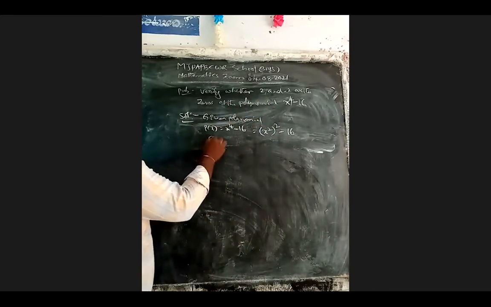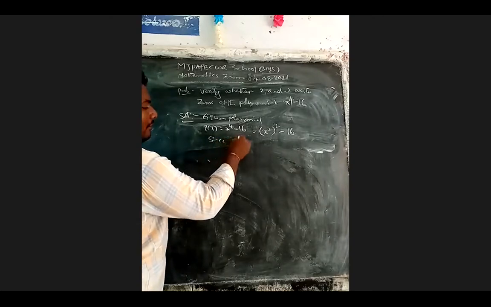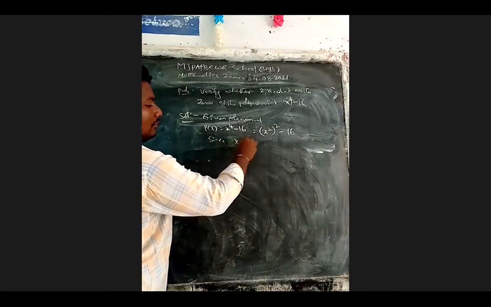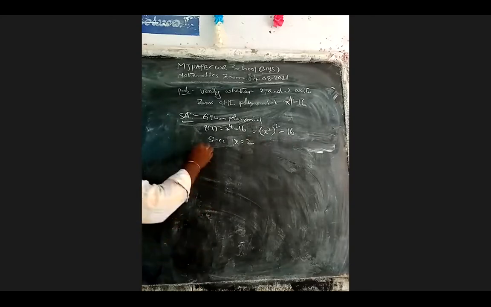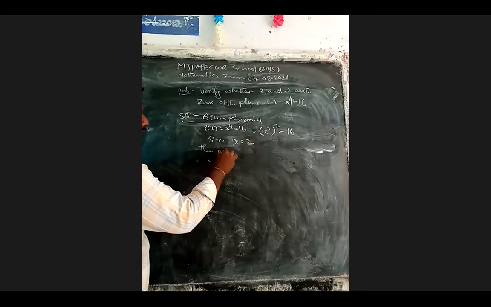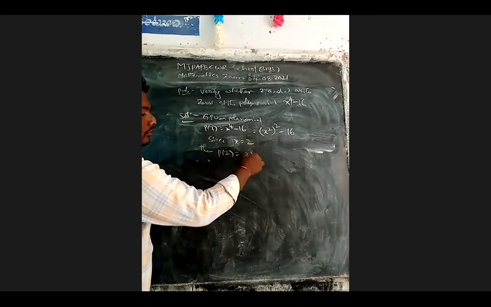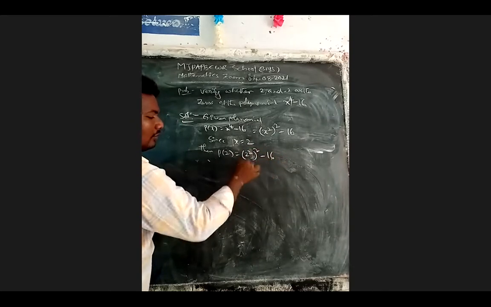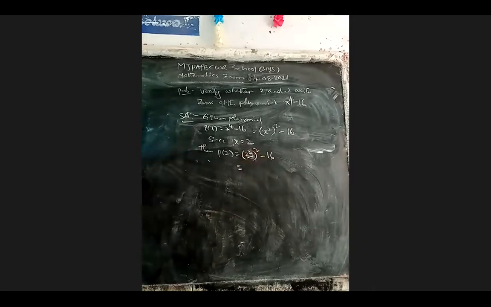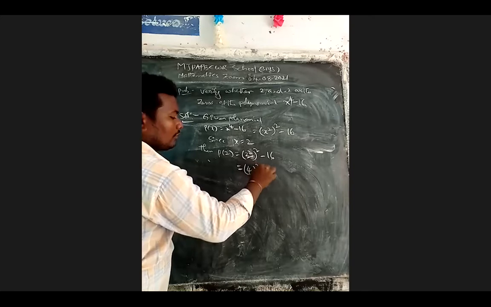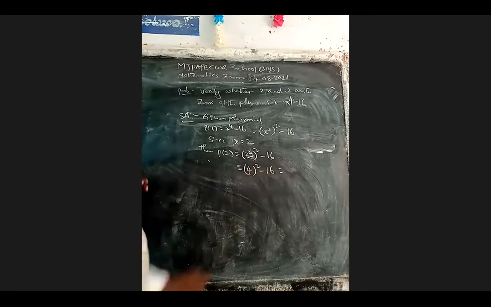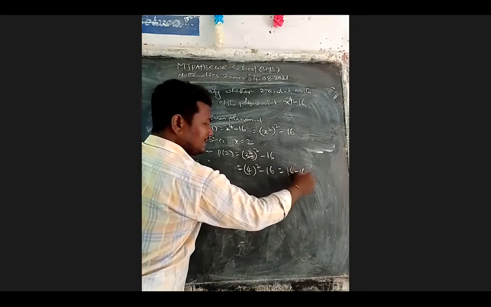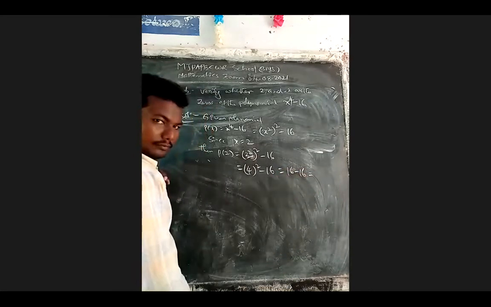Since x equals 2, then p of 2 equals 2 square whole square minus 16. 2 square is 4. 4 square is 16, so 16 minus 16 equals 0.